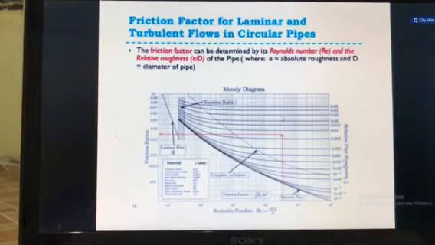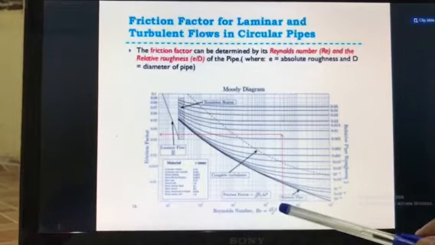From this Moody diagram, we have concluded that the friction factor can be determined from the Reynolds number and the relative roughness e by D of the pipe, where e is the absolute roughness and D is the diameter of the pipe.